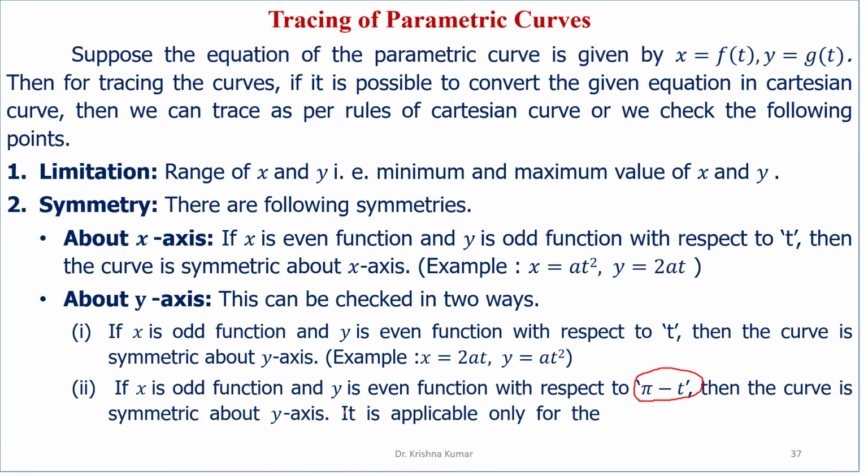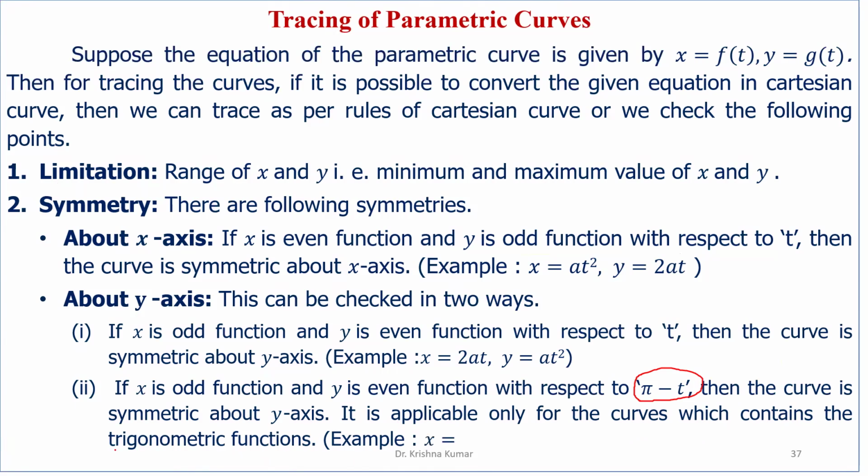It is applicable only for curves which contain trigonometric functions, since we are replacing t by pi minus t. For example, x equal to a cos t, y equal to a sin t.